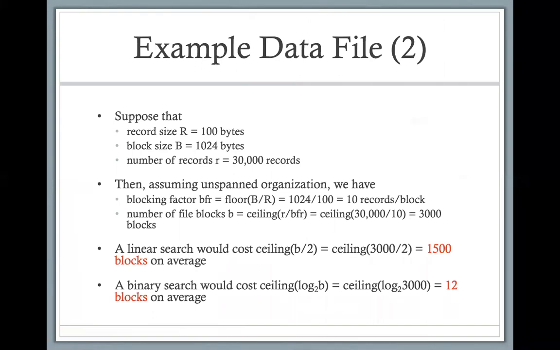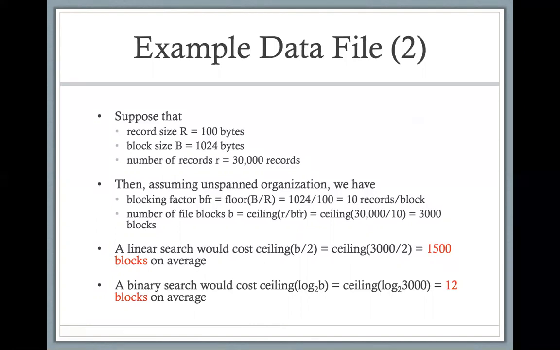That's machine specific, so every machine has a different block size. In the machine we're talking about, in which this table is stored, it is 1024 bytes. And the total size of the table is 30,000 records. This is normal; you would have thousands of records inside tables in databases.